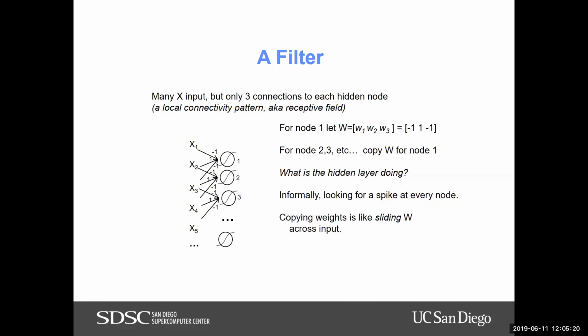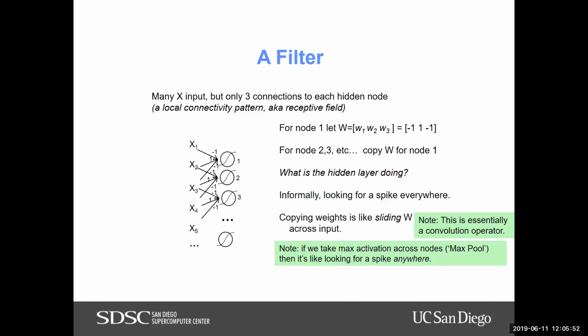And I'm copying the weights, which is the same thing as just sliding the weights along the input. And when you're sliding weights along an input like that and multiplying it by the input, that's essentially a convolution operator. So when you hear deep learning convolution nets, that's essentially why it's called convolution nets. You're taking some weights, you're thinking of it as a filter. In this case, I'm filtering for spikes, and I'm going to take weights and just slide it across an input.